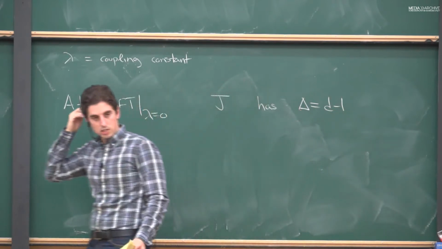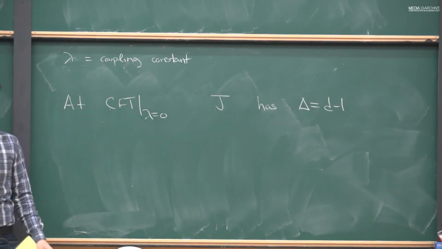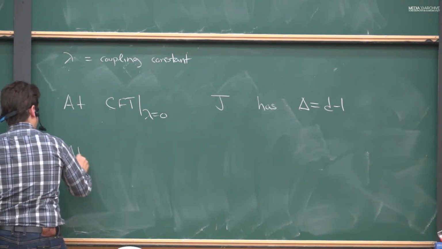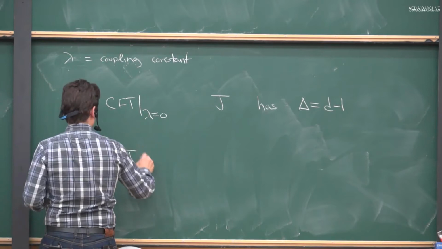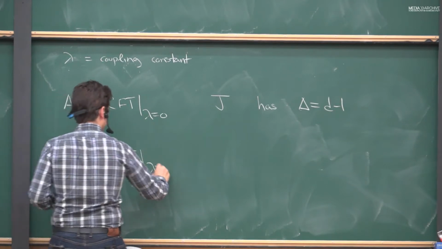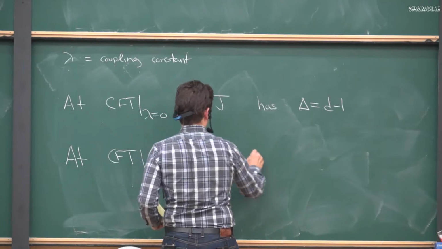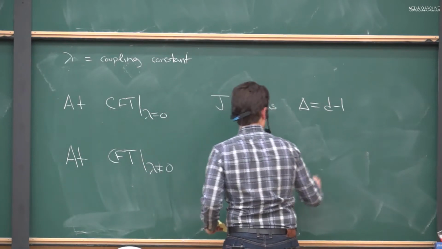The integral over space of one of the components is supposed to be a charge, which is dimensionless. When we turn on this parameter but keep it small, J should move up.